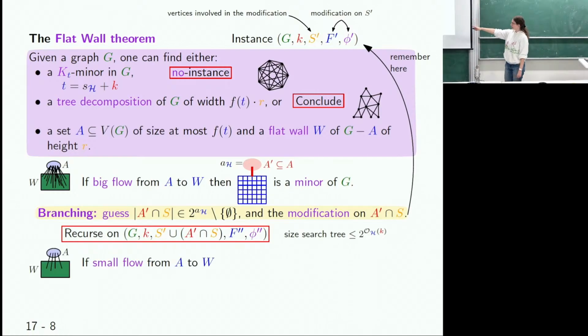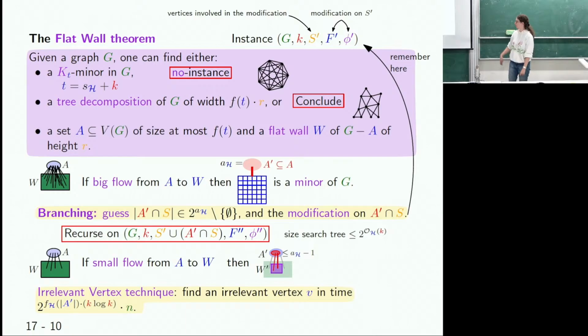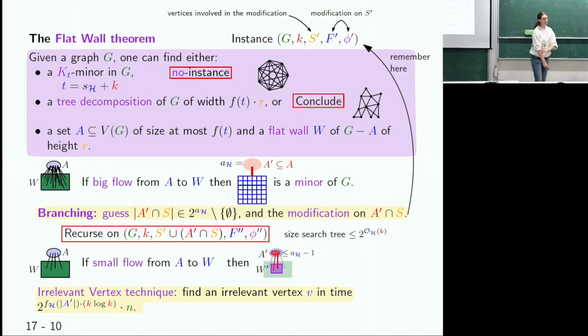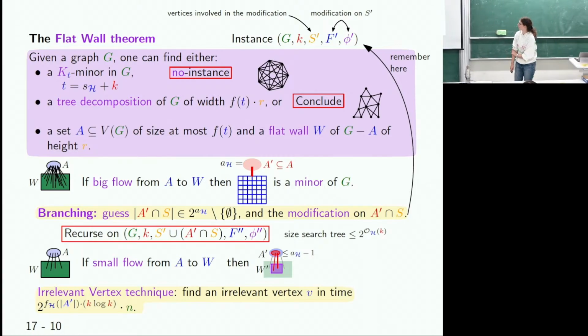And now the third case is if there is a small flow from your apex set to the wall, then you can find a smaller wall that sees at most h minus 1 vertices above. So this does not depend on k, which is nice because now we can use the irrelevant vertex technique, and you don't have a k somewhere we don't want it to be.